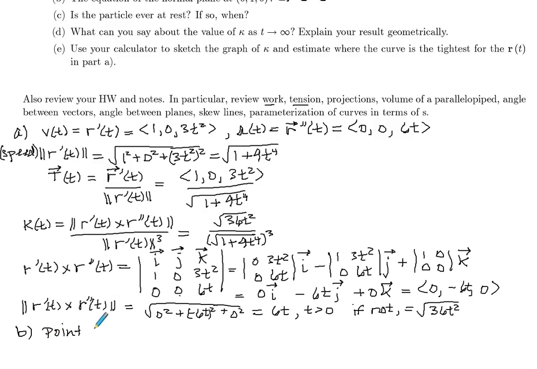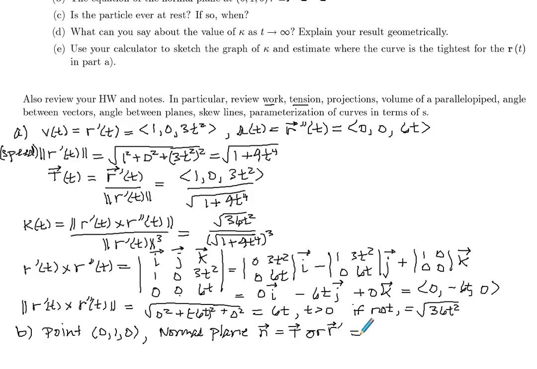Our point we've already got, 0, 1, 0. Remember, this is the normal plane to the curve, so your normal vector for that plane is equal to the unit tangent vector, or you can use r prime, whichever is easier.